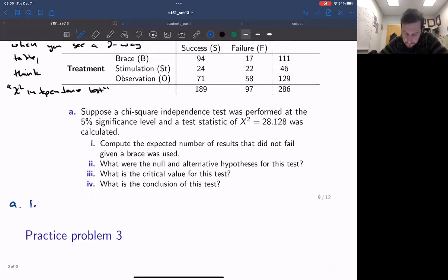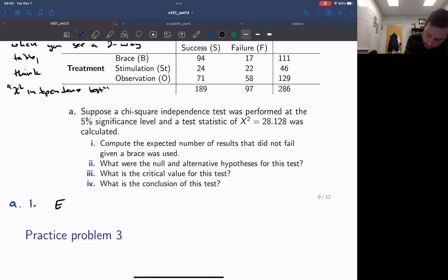Compute the expected number of results that did not fail given a brace was used. So we want the expected number of successes for the brace. For a chi-square test, the expected values are found by multiplying row total by column total over the sample size.